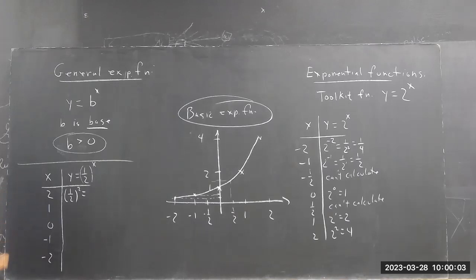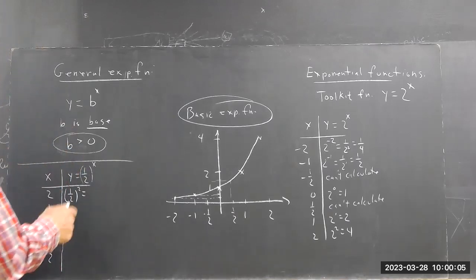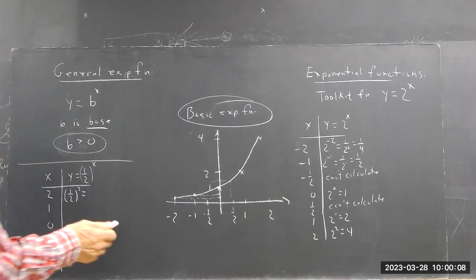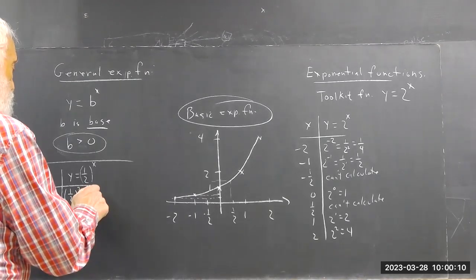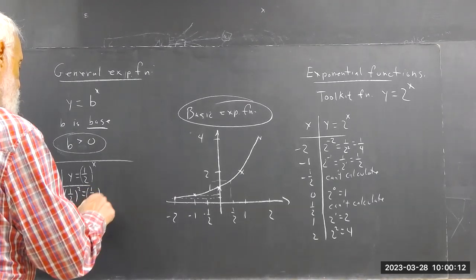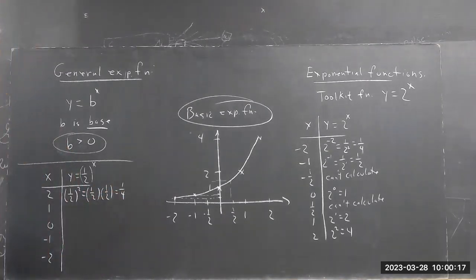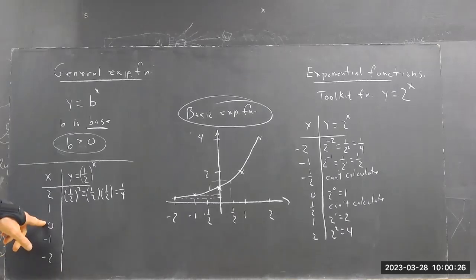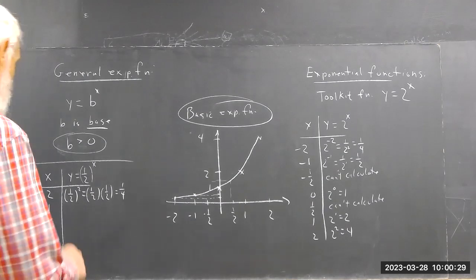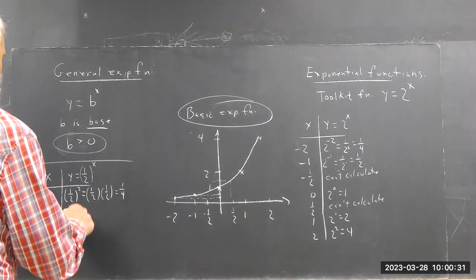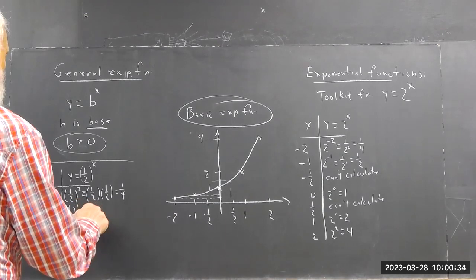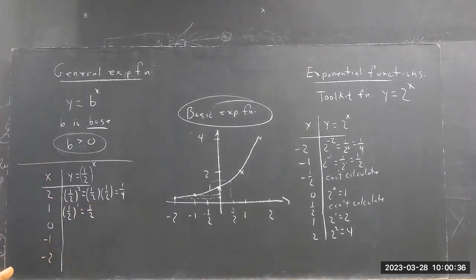Okay, if you didn't tell me that, it's because you were kind of wanting to use a negative exponent here and you flip things. But 1/2 squared means 1/2 times 1/2, and that's 1/4. There's the dance again. Okay. When x is 1, y equals 1/2 to the 1, of course, that's just 1/2.